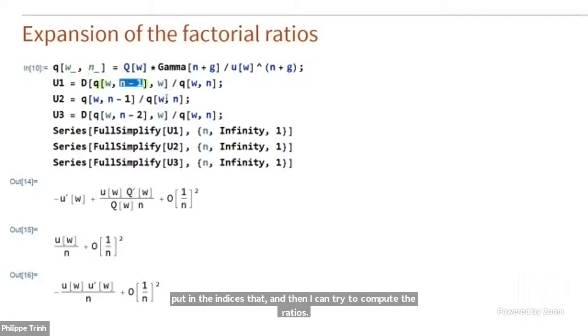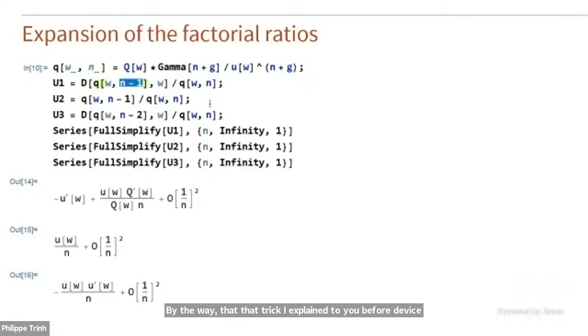By the way, that trick I explained to you before, dividing out by the Q, this was just so you can actually do these simplifications a little bit more easily in Mathematica, because when you try to simplify ratios of factorial functions, it's a lot easier than trying to simplify the gamma function itself.